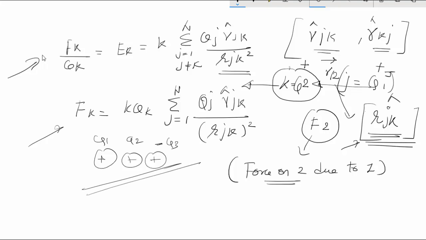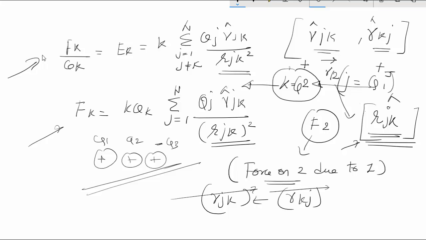So that's how you will have to consider the direction of rjk or rkj, based on the direction of the positive charges. It will not matter for the magnitude or distance, but it will matter for the unit vector, which shows the direction.